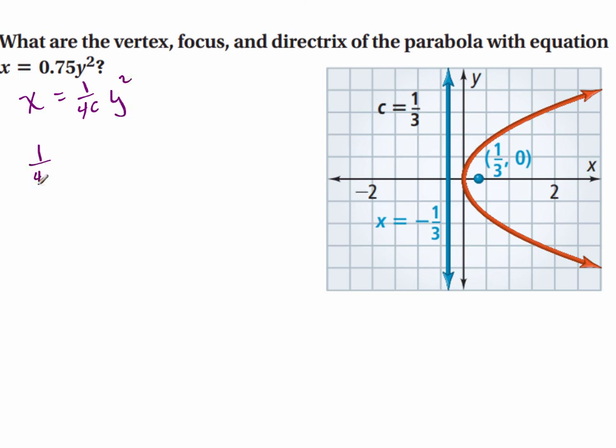So 1/4c has to equal, now I'm going to change 0.75 to 3/4. Sometimes it's easier to just deal with fractions here. So when I cross multiply, I have 4 is 3 times 4c. So c is equal to 1/3.